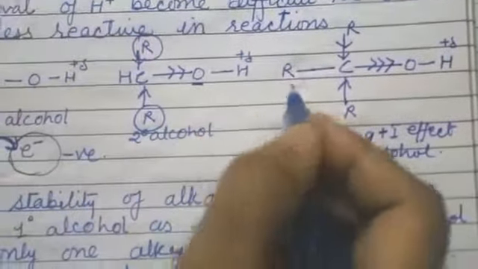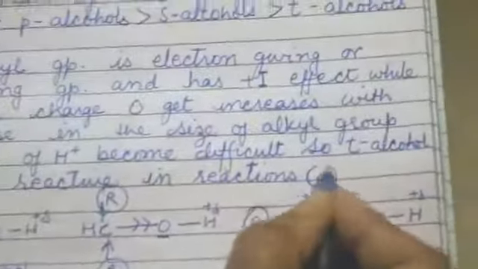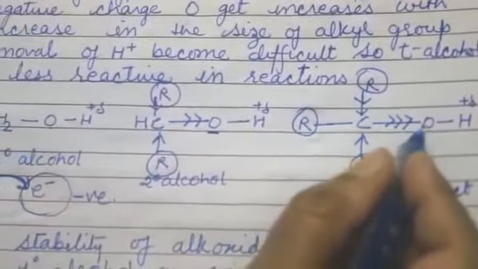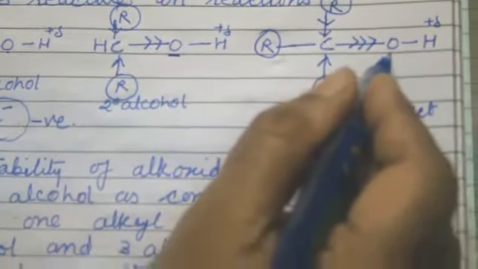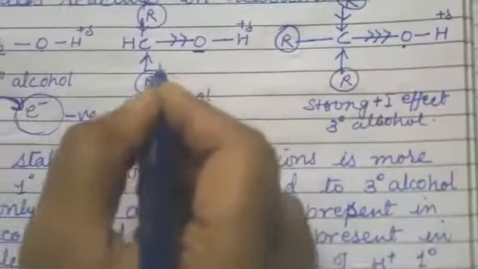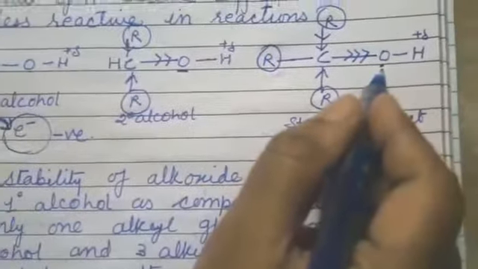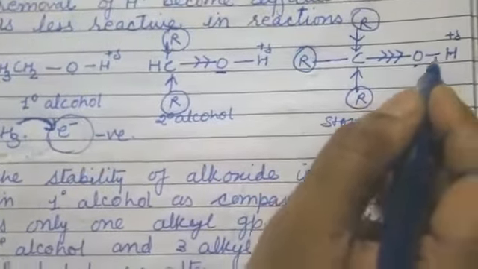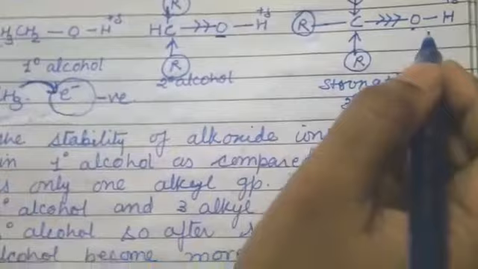As compared to secondary, tertiary alcohol has three alkyl groups. So all three give negative charge to oxygen, and the electronegativity is more here as compared to secondary and primary alcohol. So the attraction between oxygen and H is more, so the reactivity decreases.